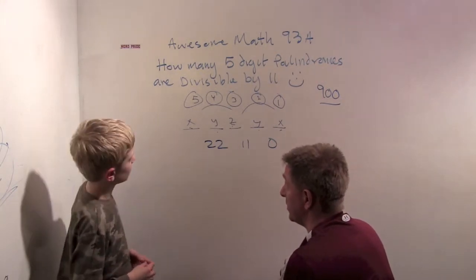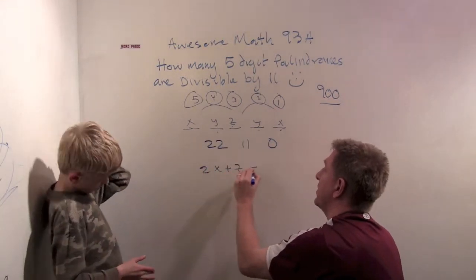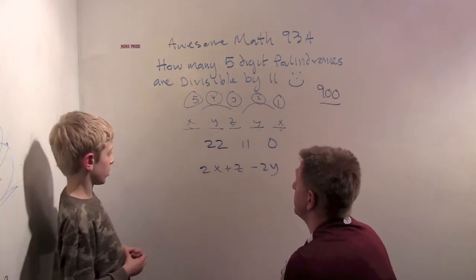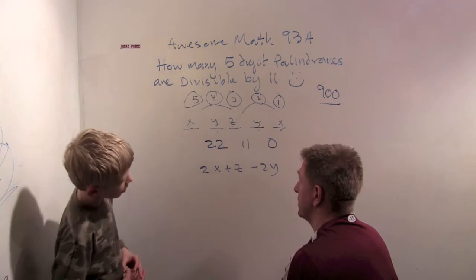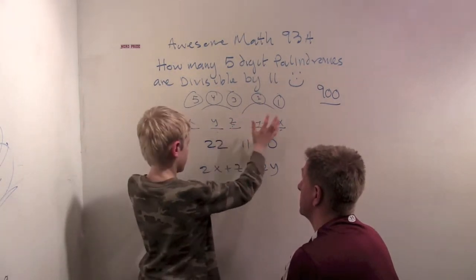Interesting. Could it be negative? Could I get 2x plus z minus 2y less than 0? I think so. Give me an example.